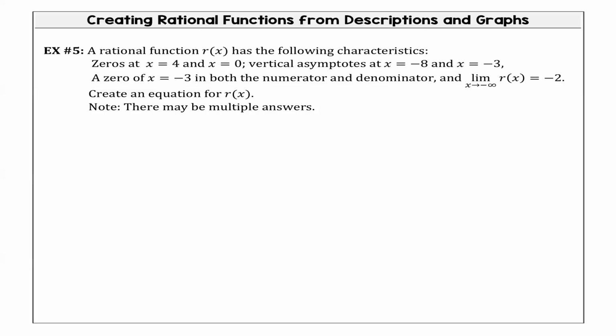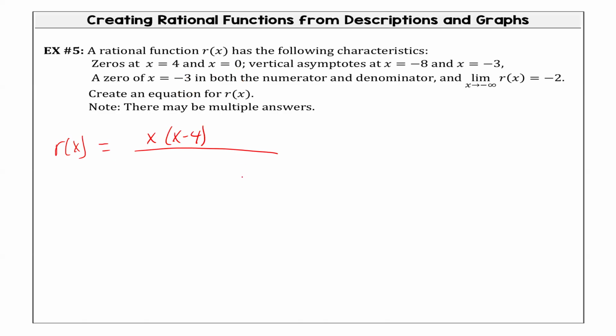All right, let's see where we're at. Okay, so pay attention to what we know. Our zeros are x equals 4 and x equals 0. So for sure, when we make r of x, in the numerator I have to have x and I have to have x minus 4.